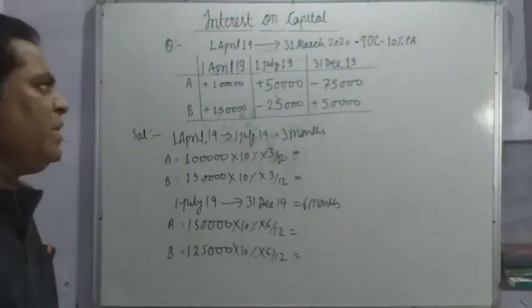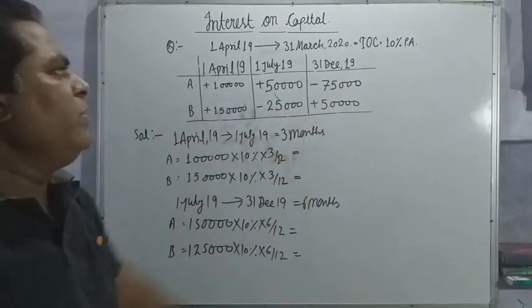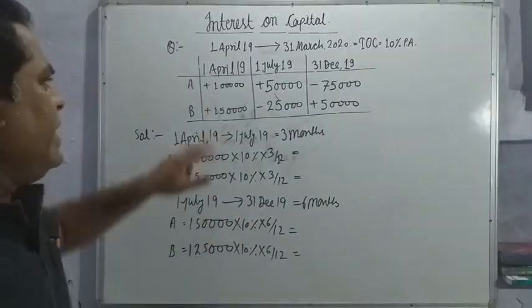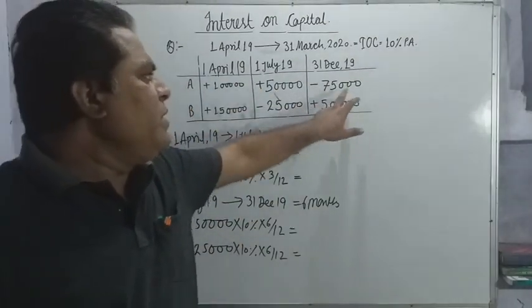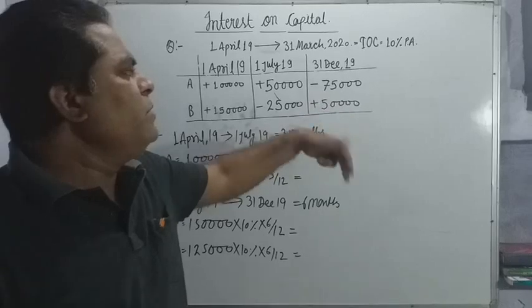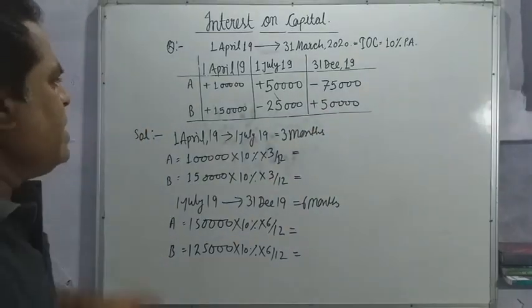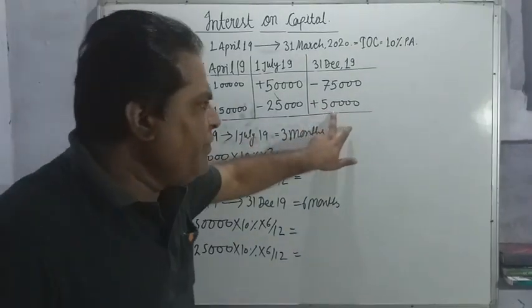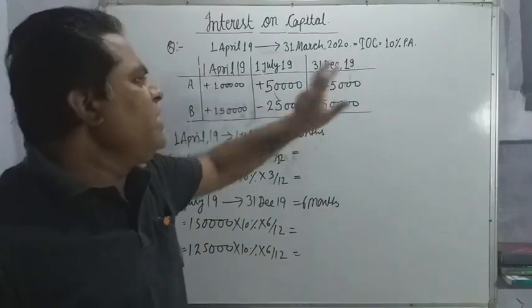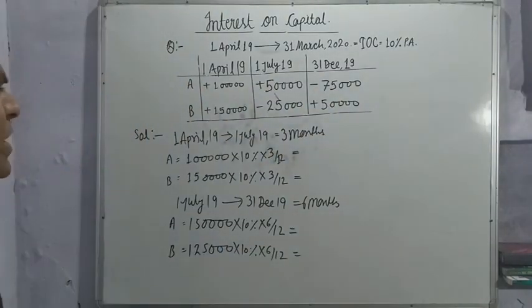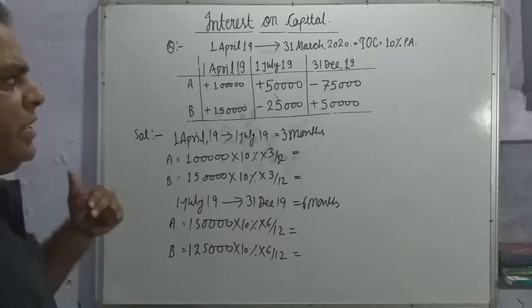After that, on 31st December, A is withdrawing 75,000 and B is contributing 50,000 more. So what will be the effect on their capital from 31st December?